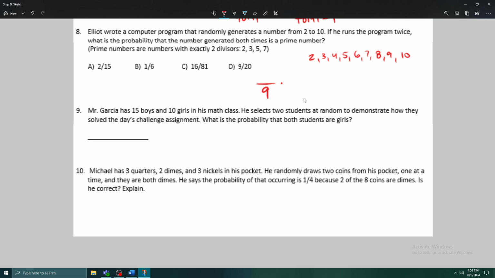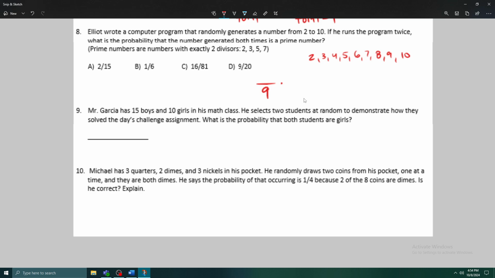It's not apparent, so it kind of comes from the statement of the problem. It randomly generates a number from 2 to 10. So that means it's possible that the same number could get picked twice.